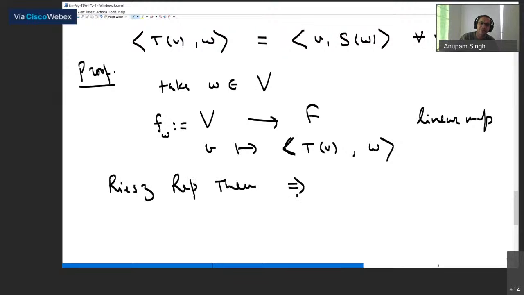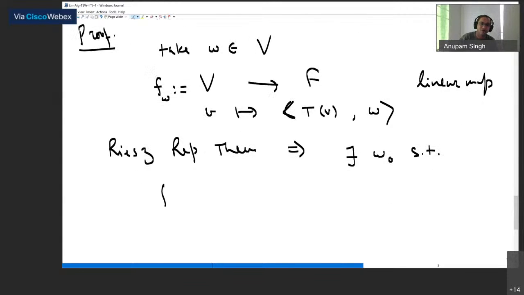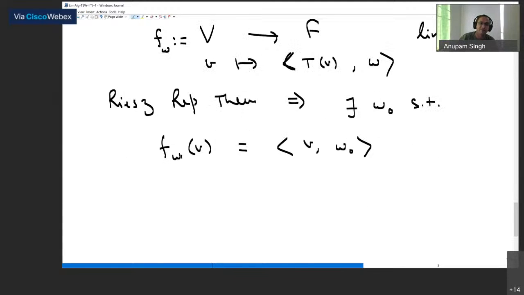This will imply that there exists some vector w naught such that f_w of any vector v is given by the inner product v comma w naught. Right? This is what the Riesz representation theorem says. But f_w of v, by definition, is just the inner product of T of v comma w.